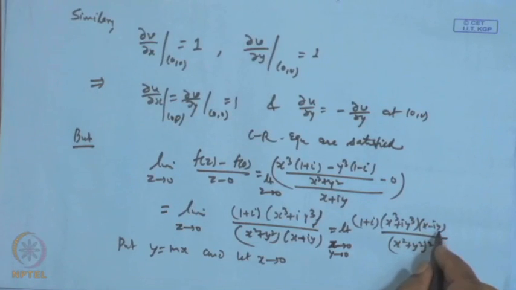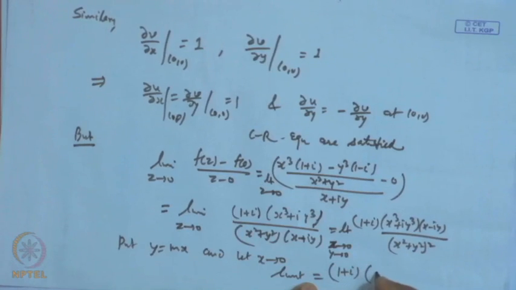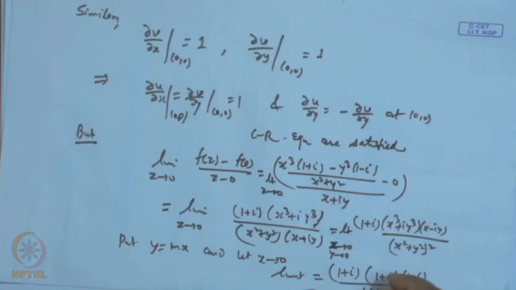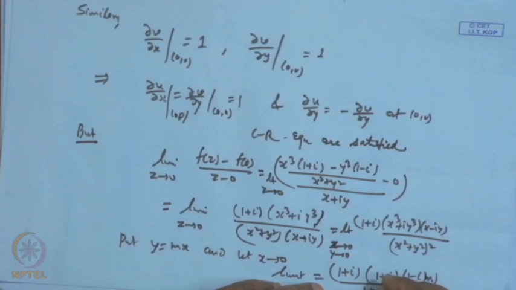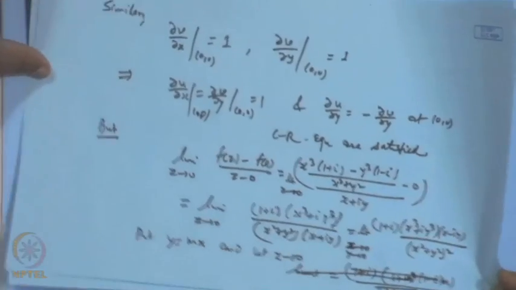When you substitute y equal to mx here, then x is cancelling. Let me write again, sorry. So, take this and substitute m.